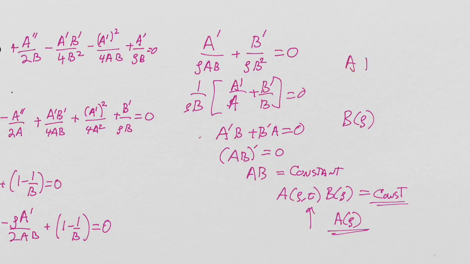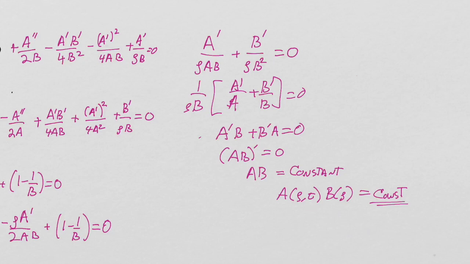Neither a nor b are functions of t, which means g mu nu is not a function of t. There's no functional relationship between the metric and t. So that's pretty cool. So we've proven that no spherically symmetric space-time can have a metric that's dependent on time at all.